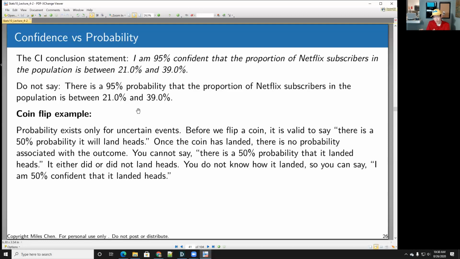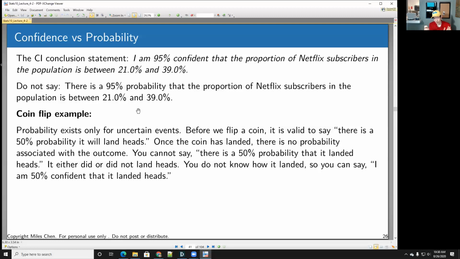If we could freeze time and look at everybody, see exactly how many people subscribe to Netflix and know exactly how many people are in the population, we could get an exact proportion value. And it's either going to be inside our interval or it's not. But we don't know what that value is.